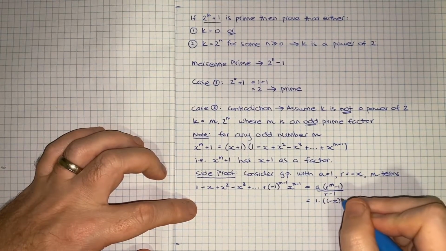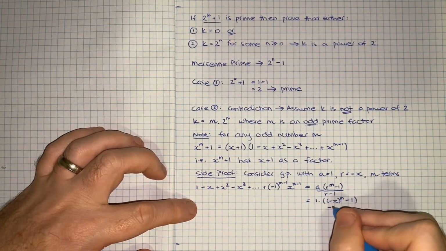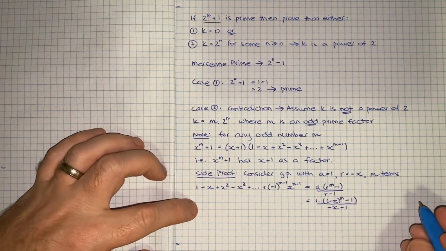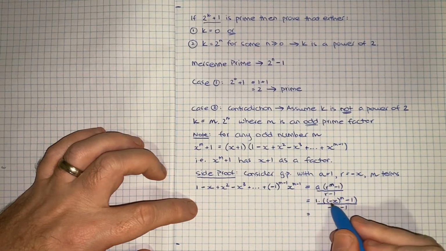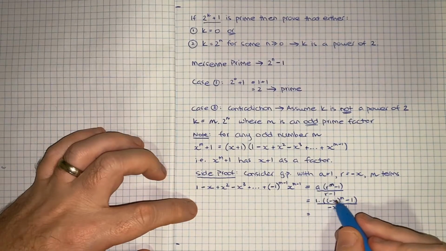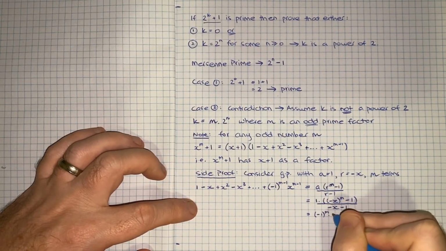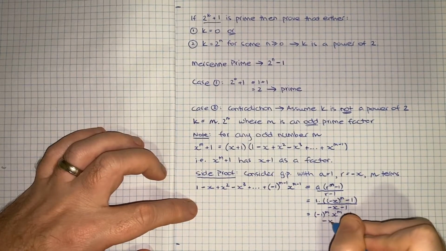So that's negative x to the m minus 1 over negative x minus 1. So if I just clean that up a little, negative x to the m could be written as negative 1 to the m times x to the m minus 1 over negative x minus 1.